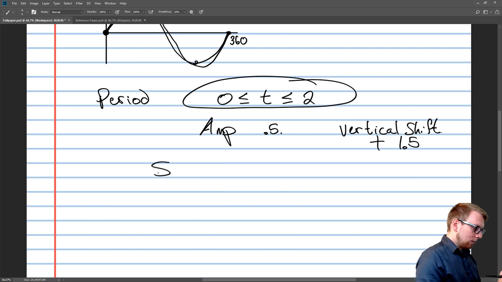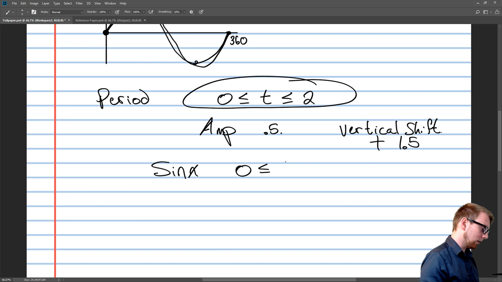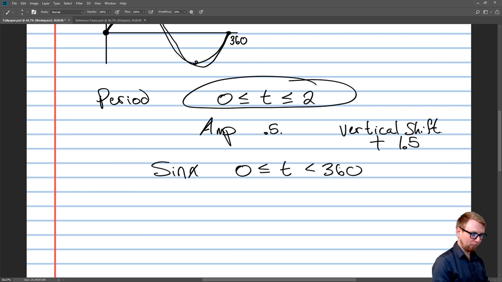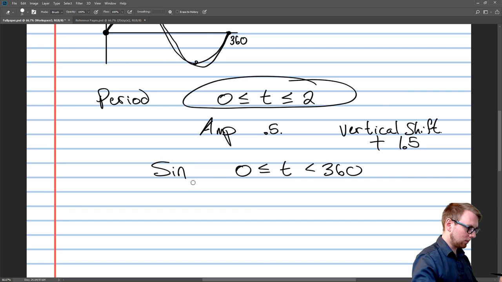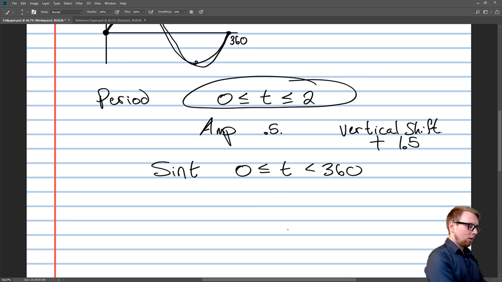But sine has a period between 0 and 360 degrees. Okay? We need to change this. So, here, I'll use E. We need to change this so that it goes between 0 and 2. So how would we do that?